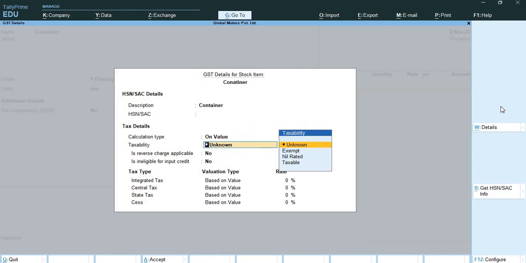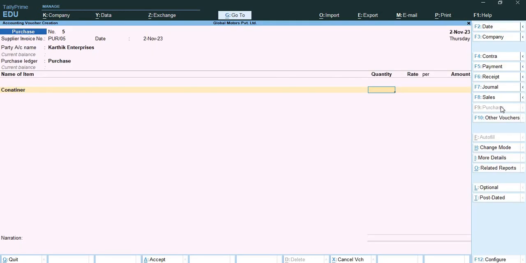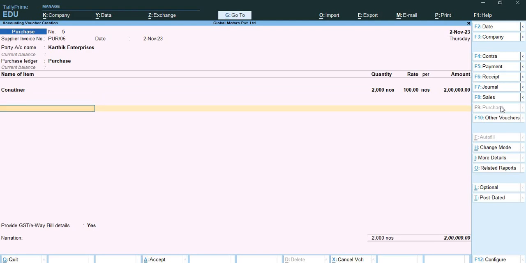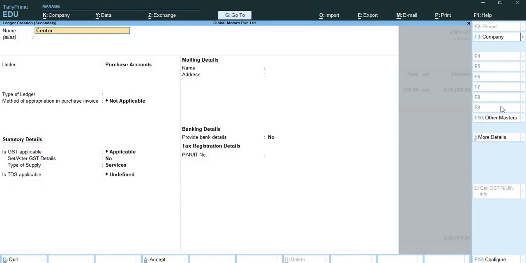On value taxability will be taxable at the rate 12%. Quantity is 2000 numbers of container at the rate 100 per container. 2 lakh has come. Next here I'll create a ledger of central tax.